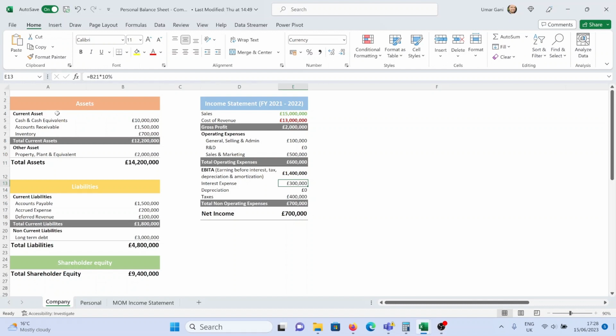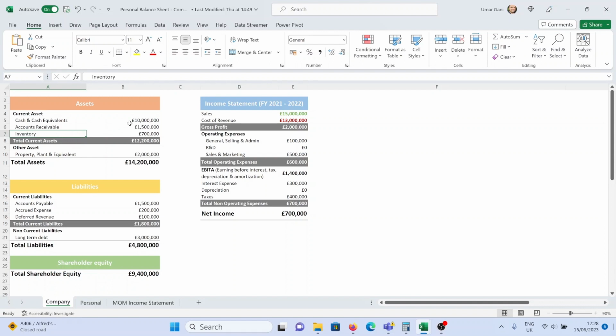So what do we mean by current assets? Anything that you hold as cash or any money that has to come into the company. For example, the company has sold a product it has made, and for that product, the customer has to pay back. That is called accounts receivable. All the different inventory of products that we are holding within the company is called inventory.